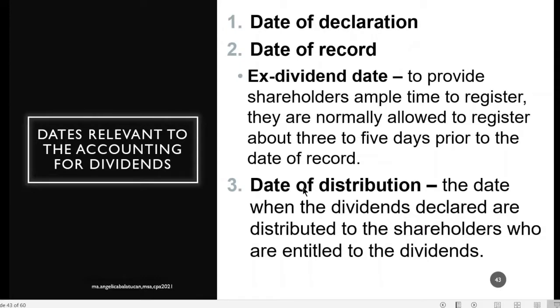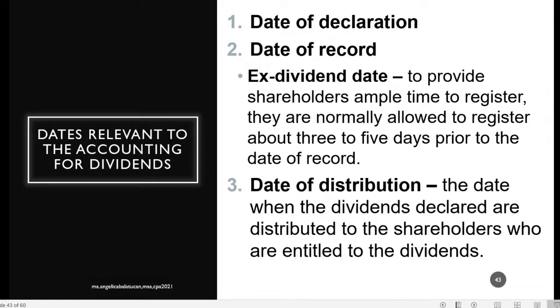So when we are talking about dividend distribution, so there are important dates to remember. So we have first the date of declaration, which is the date that the board of directors formally announces the distribution of the dividends. So nag-declare, nag-announce nga na ay dividends nga i-distribute.